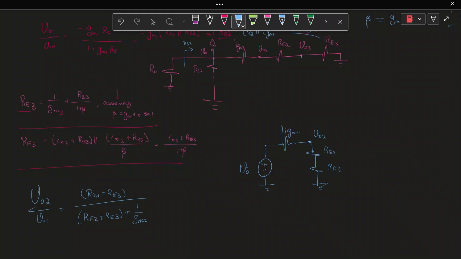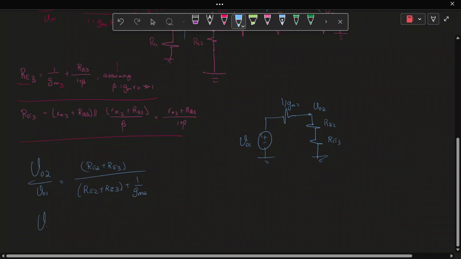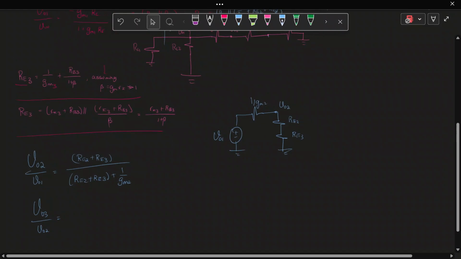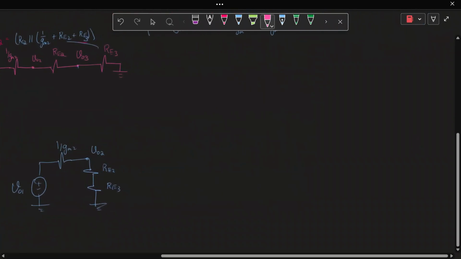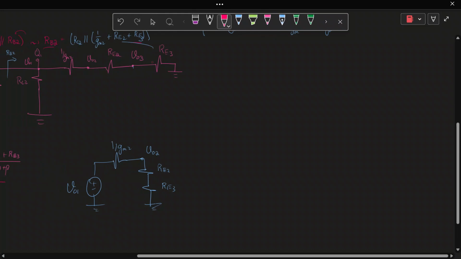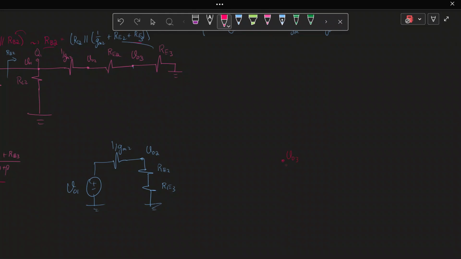The next thing is VO3 over VO2. And we're going to do essentially the same thing. Now we're going to draw this next one. It's going to look like this. VO3 is just the voltage across RE3. So this is going to be VO3, RE3. And what is it going to be?